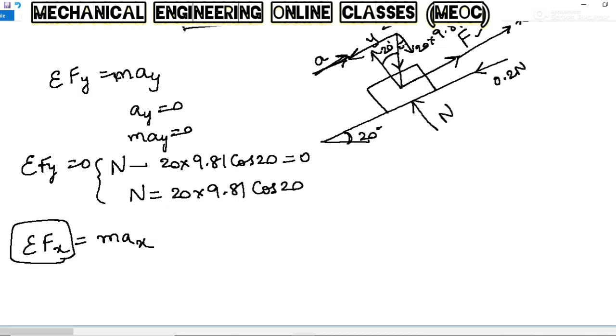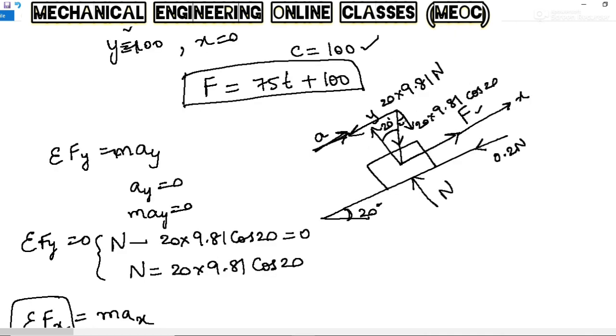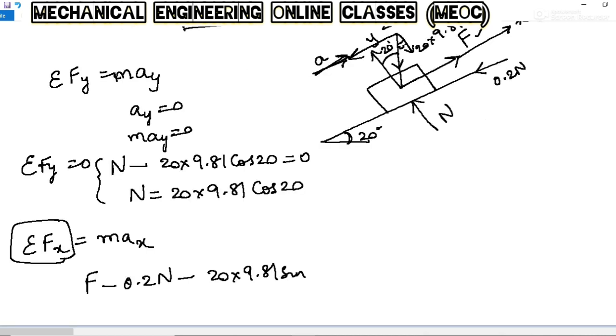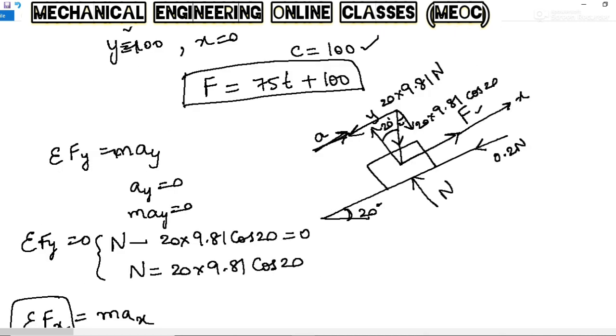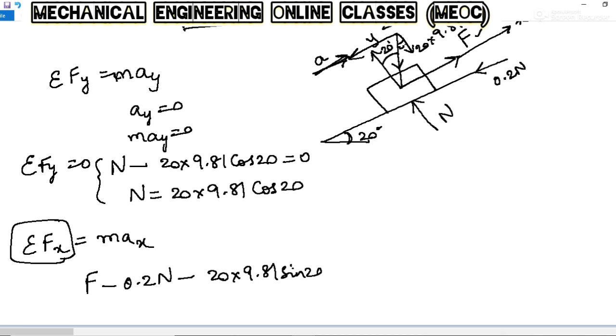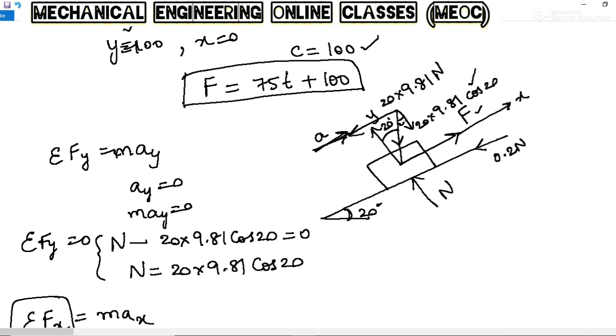So we can write the LHS as F, which will be positive, minus the friction, which is opposite, 0.2 N, and the weight component is also opposite to the F direction, so that is also minus 20 into 9.81 sin 20, because along y direction it was cos 20, so along x direction it will be sin 20. These are the forces acting on the block along the x direction. We have taken care of the friction, the force and the weight component. Only these three forces are acting.